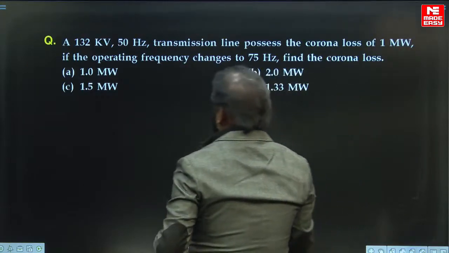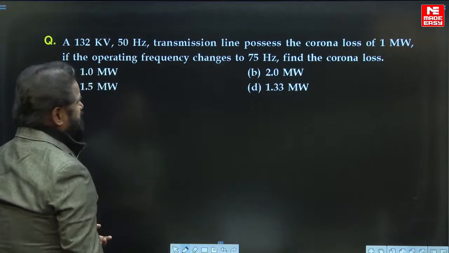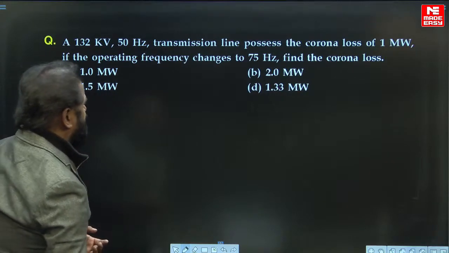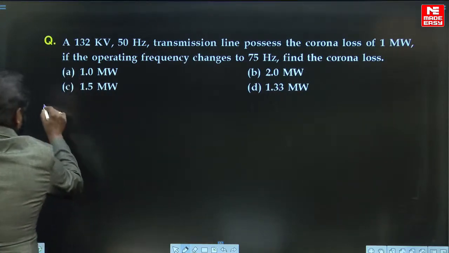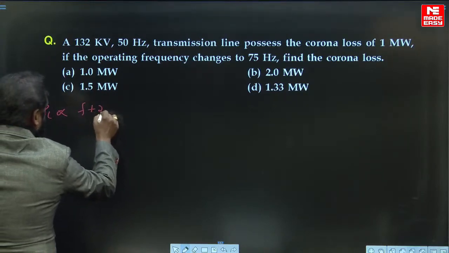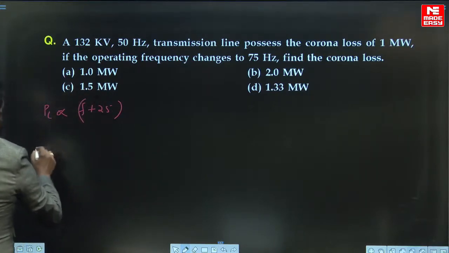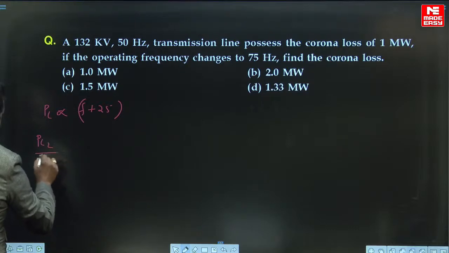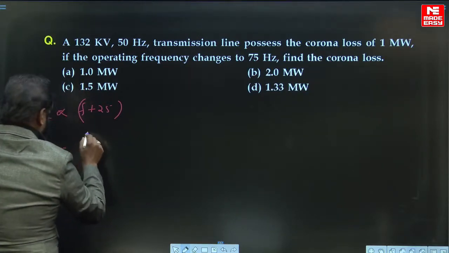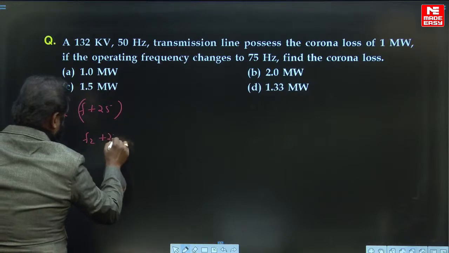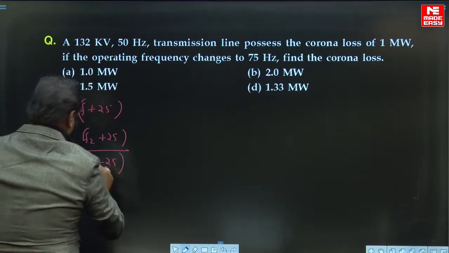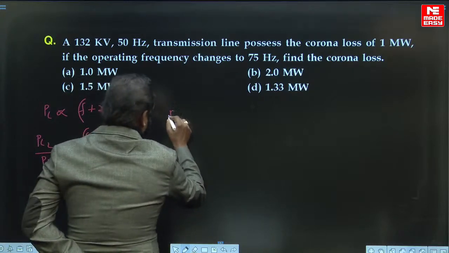Next, a 130 kV transmission line possesses a corona loss of 1 megawatt, and the operating frequency changes to 75. Find the corona loss. We know that the power loss is proportional to F plus 25. So PL2 by PL1 equals F2 plus 25 divided by F1 plus 25. PL2 is the thing you need to determine.